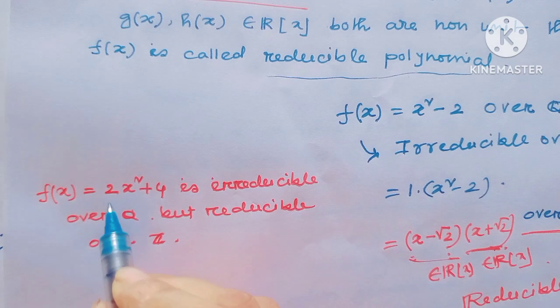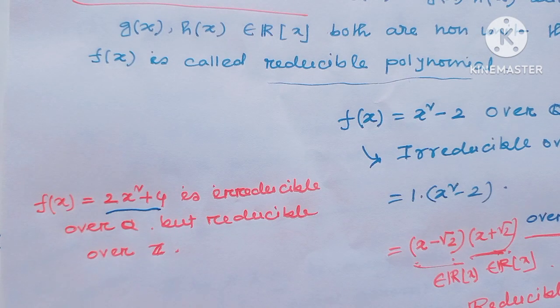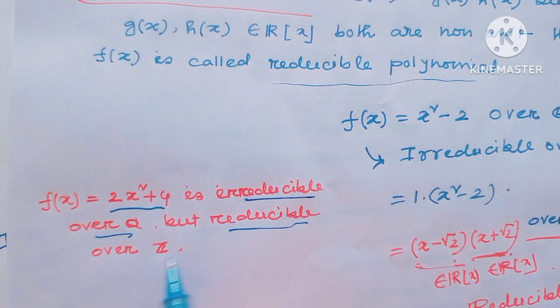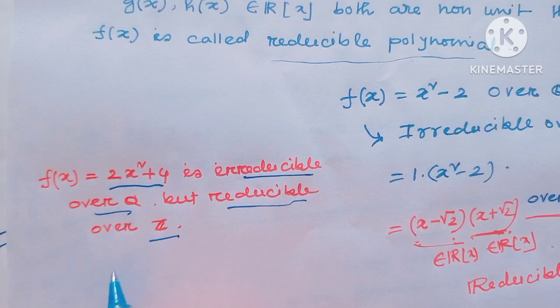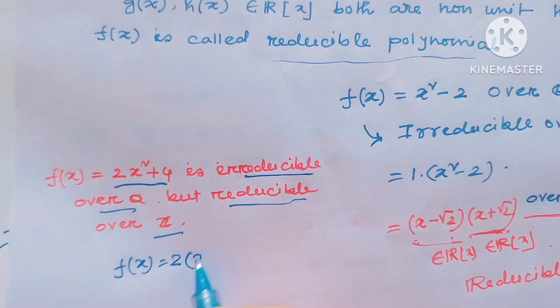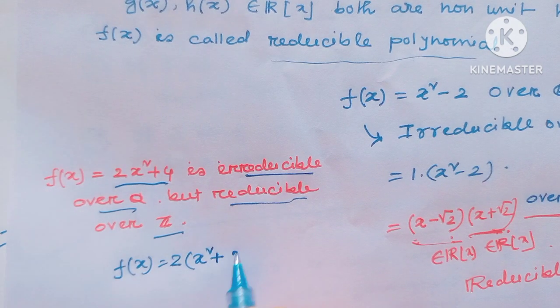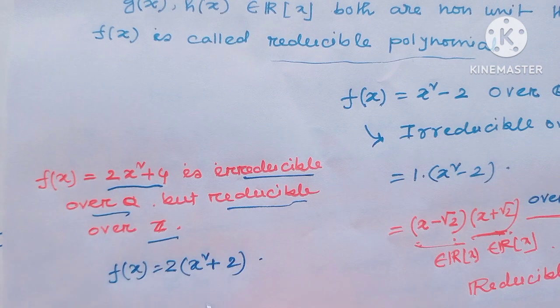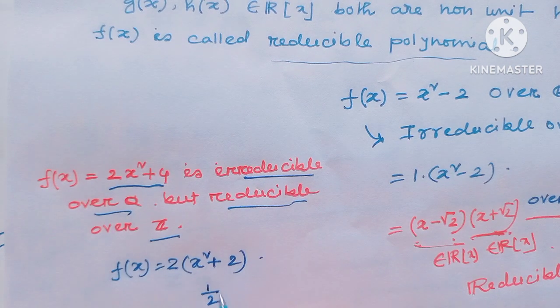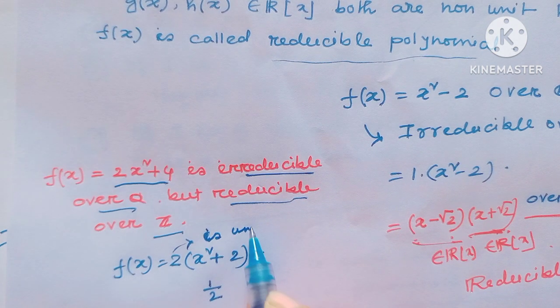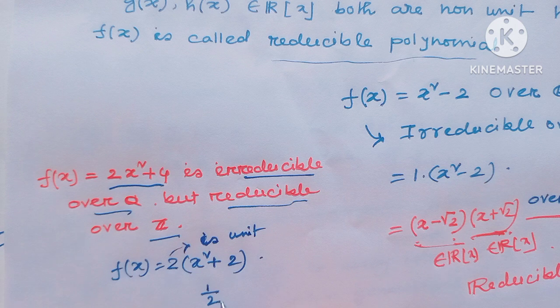Similarly, f(x) equal to 2x square plus 4. This is irreducible over Q, but reducible over Z. Because f(x) equals 2 times x square plus 2. This is irreducible over Q because 1 over 2 is the unit element in Q. 2 is a unit in Q because the multiplicative inverse of 2 is 1 over 2.